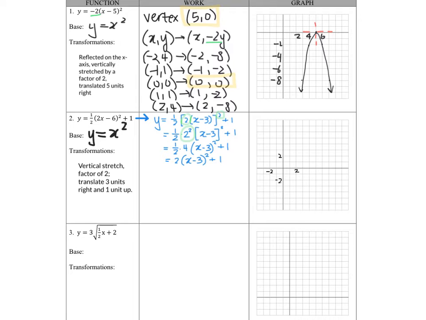So we're going to put our vertex at 3, 1. Let me write that down under my work, vertex is at 3, 1, and our a value is 2.